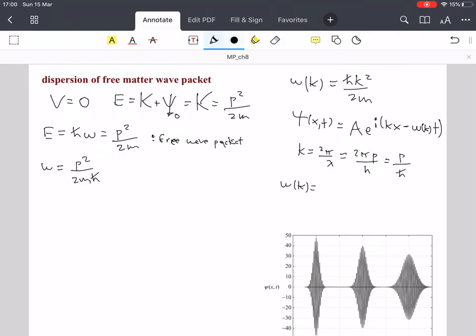We want to square this thing, so let's look at this whole thing squared.